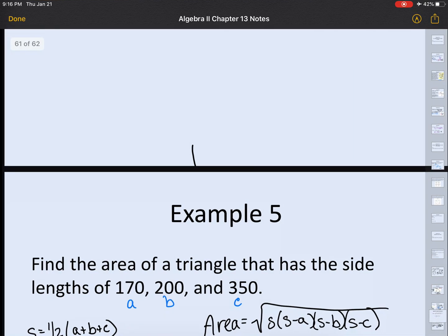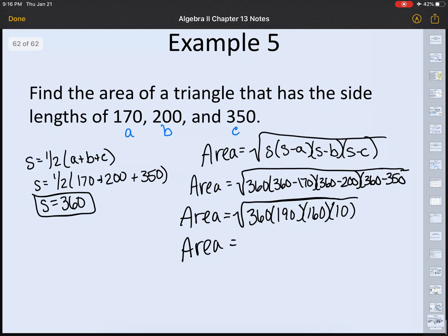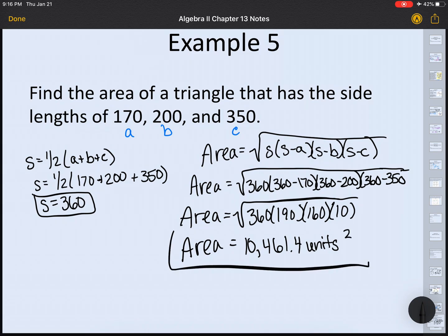So 10,461.4, and since we're working in units that we don't know, I'll just say units squared, because we're working in area. So 10,461.4 units squared. And that might seem like a big number, but you got to think back to, again, your triangle side lengths are bigger numbers, like 170, 200, and 350. So this answer does make perfect sense here.